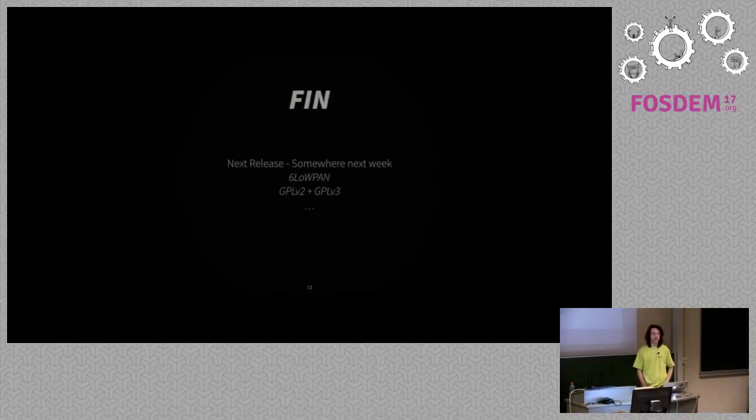So the question is, how does it work with GPLv2 and GPLv3 licensing with static linking on embedded devices? What if applications have to use GPLv2 and GPLv3 as well?